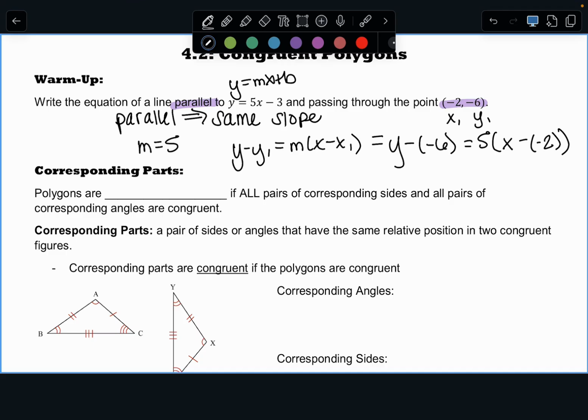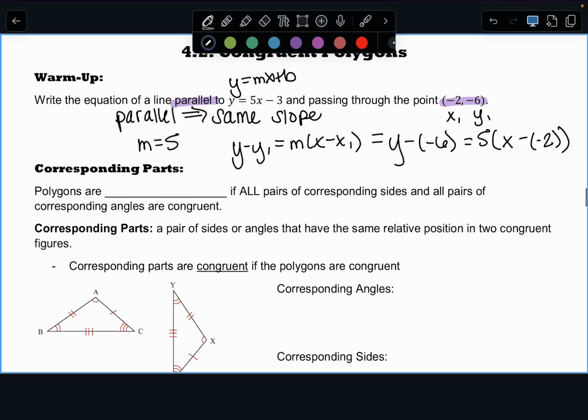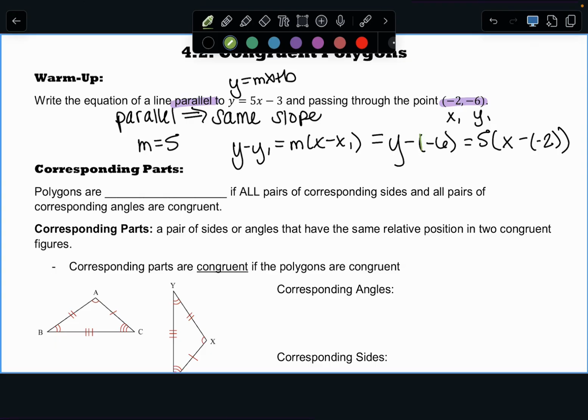I have the equation that I want. So let's just fix a few things first. Y minus negative 6 is really the same as what? Y plus 6. I'm going to change that to a plus. X minus negative 2 can also be changed to a plus. And now I'm ready to go.